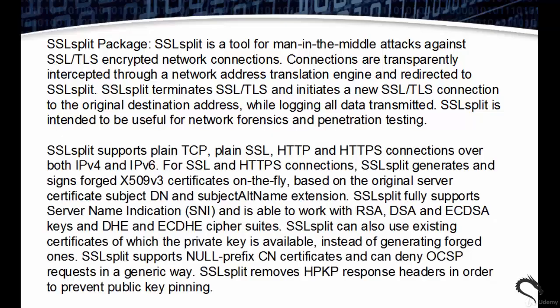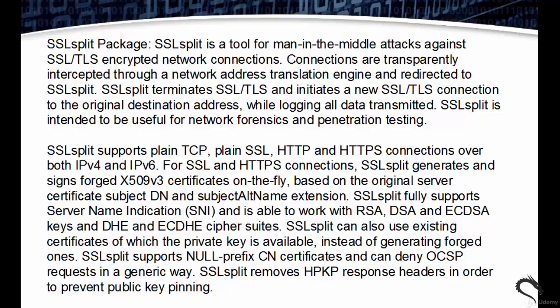SSLsplit supports plain TCP, plain SSL, HTTP and HTTPS connections over both IPv4 and IPv6. For SSL and HTTPS connections, SSLsplit generates and signs forged X509v3 certificates on the fly, based on the original server certificate subject DN and subject alternative name extension. SSLsplit fully supports Server Name Indication and is able to work with RSA, DSA and ECDSA keys and DHE and ECDHE cipher suites.